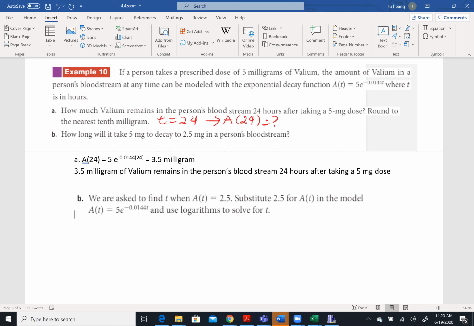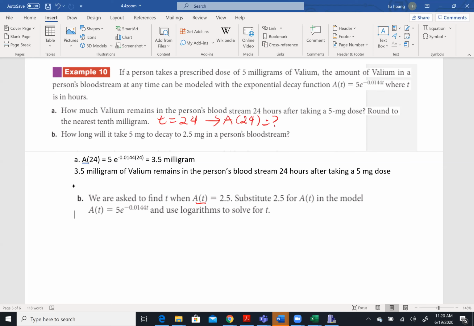So in this case, you are not given the t. You are given the amount remaining, which is A. So you need A of t equals 2.5.